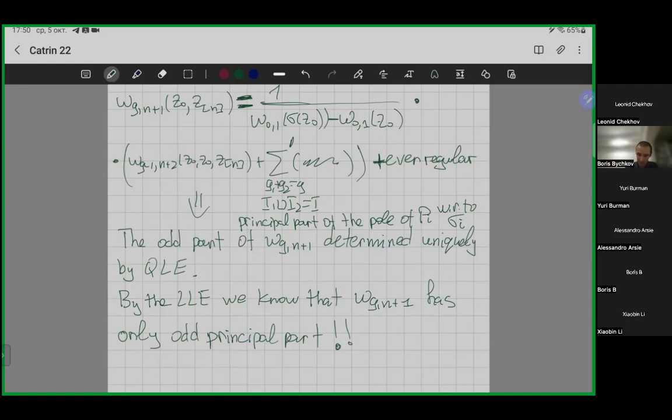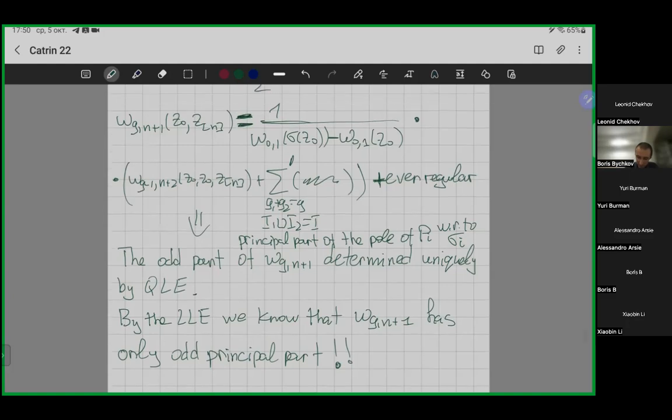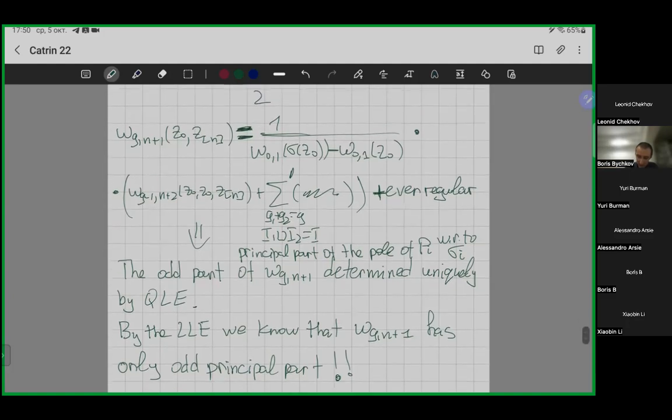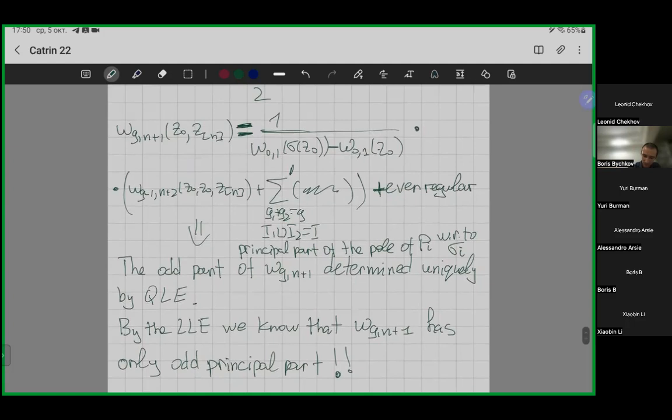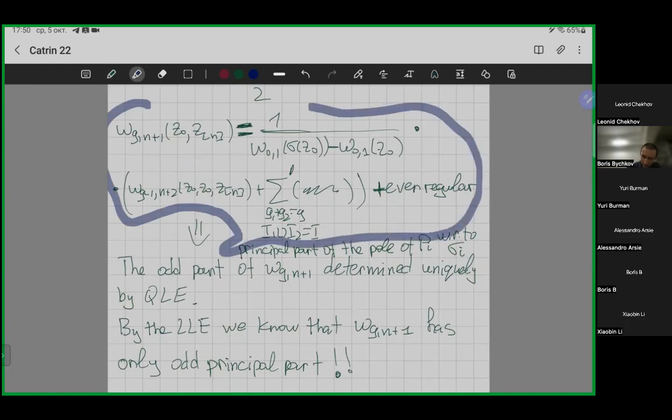So this is how it works. And here you see this equation, it's more or less a topological recursion relation.